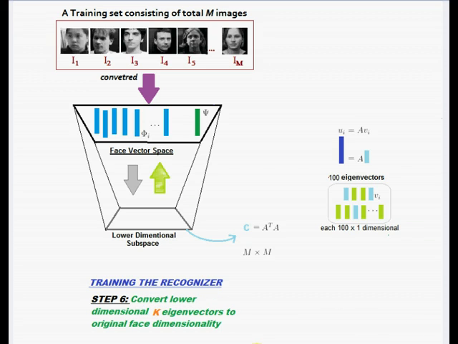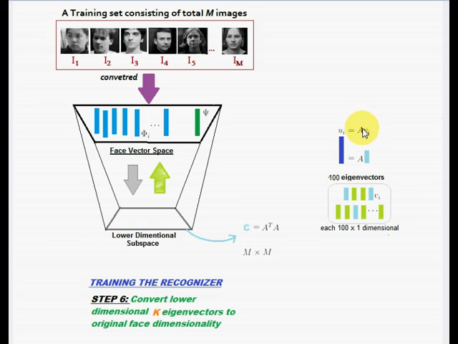How do we do that? Thankfully, thanks to linear algebra techniques, we know a formula. I forgot to mention that u_i will depict the ith eigenvector in the higher dimensional space, whereas v_i is depicting the eigenvector in the lower dimensional space.